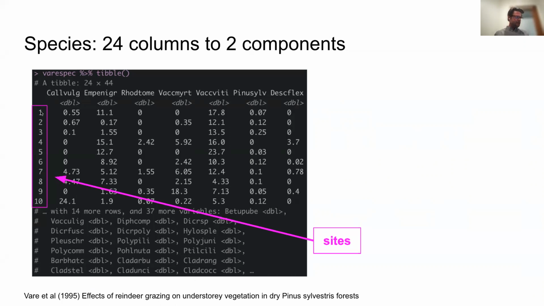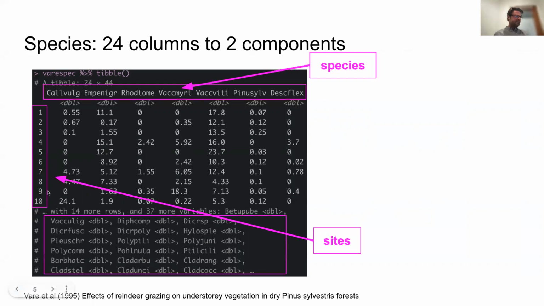The sites here are the row numbers, and then we've got the species. If it's a tibble, it displays nicely, showing you the species column-wise and then saying we've got 37 more variables besides the ones shown here. Those are additional columns.